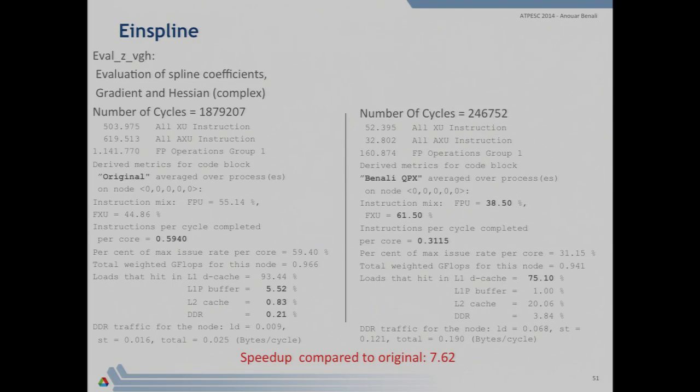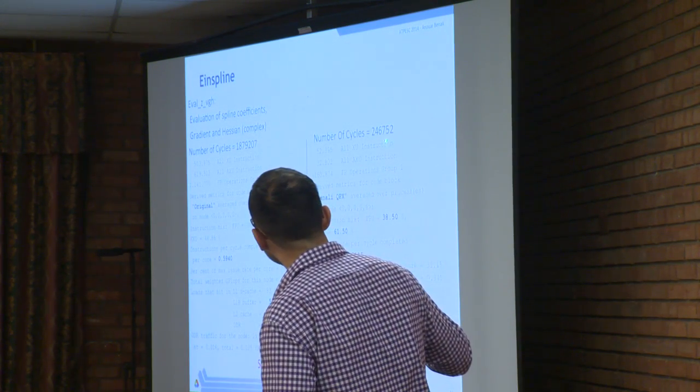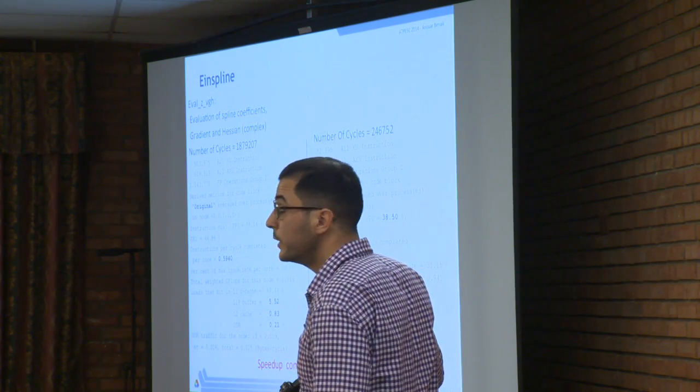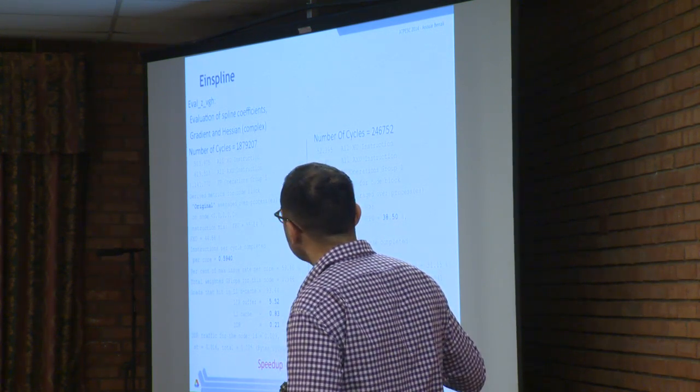And we did, again, the profiling. So we went from a number of cycles of 1.8 million to 200,000. Basically, we increased the speed by 7.62 times for this function, which, when you think about it, is just we reduced the number of computations that we did, because then our program is not as much balanced.